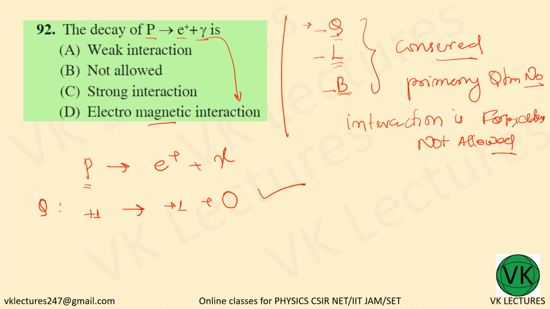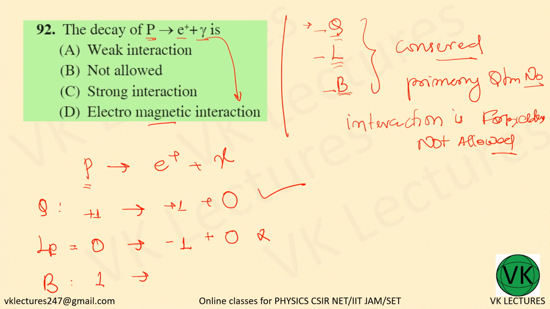Now you have a lepton here. Let us take the lepton number. Proton is not a lepton, so 0. Positron has a lepton number of -1. Gamma does not have a lepton number, so this is not conserved. Similarly, for baryon number, proton is a baryon, so you have +1.